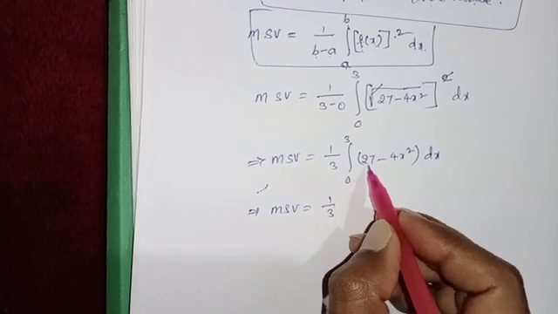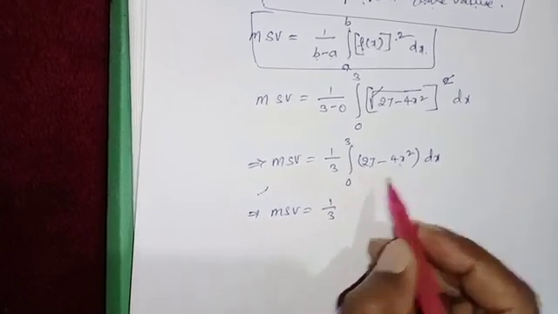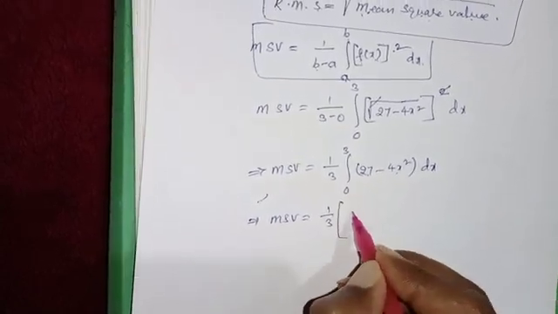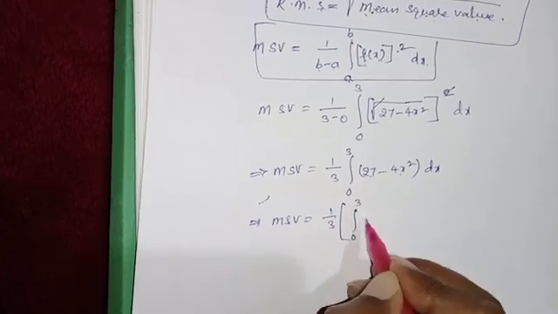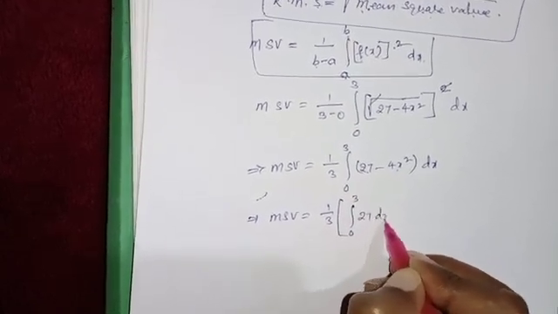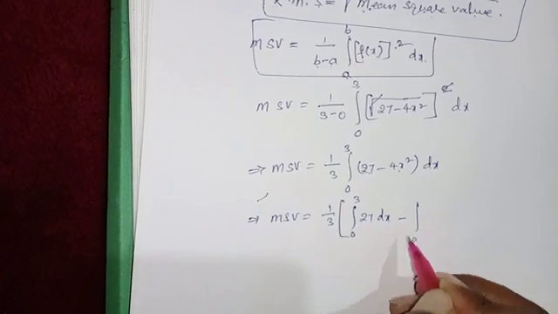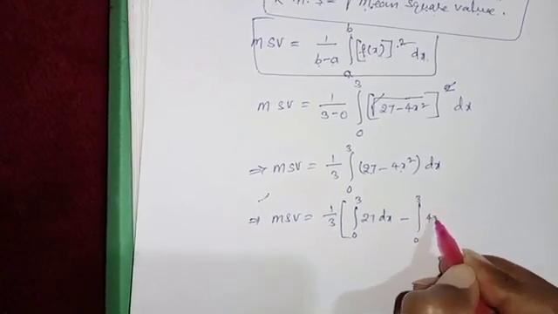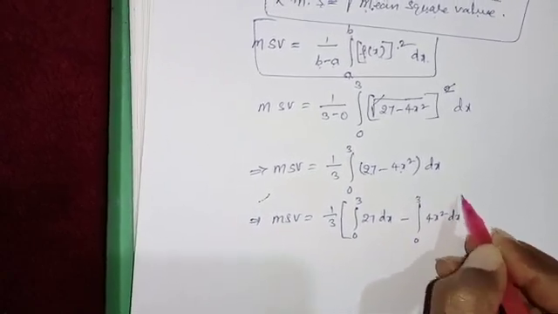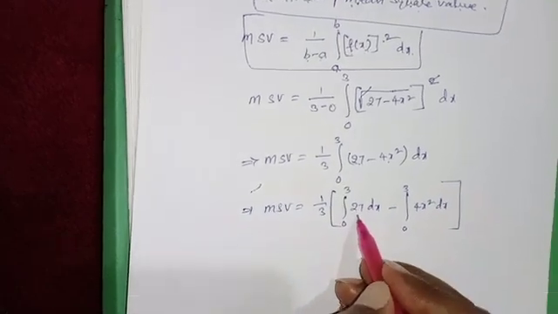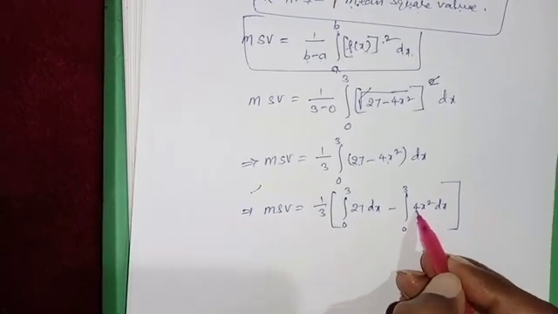Now here split the integration, first one and second one. 1 by 3 whole into integral 0 to 3 27 dx minus integral 0 to 3 4x square dx. Here 27 and here 4, both are constants.